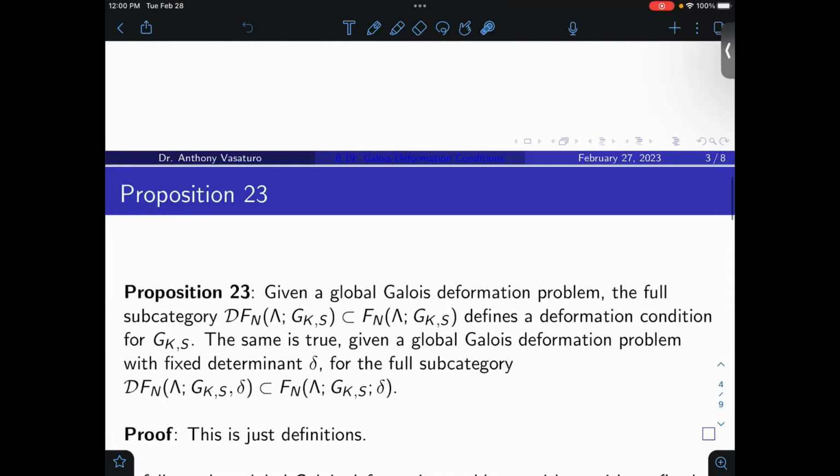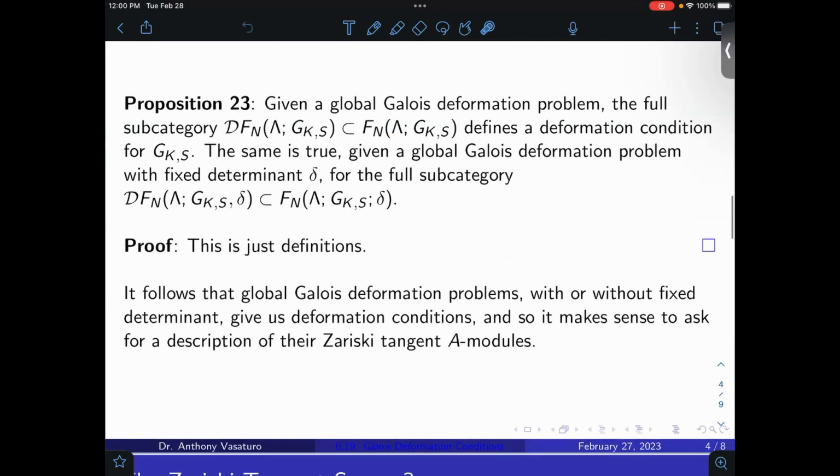Okay, so Proposition 23: if you give me a global Galois deformation problem, the full subcategory D_n^Λ(G_{K,S}) in F_n^Λ(G_{K,S}) defines a deformation condition for G_{K,S}. The same is true, given a global Galois deformation problem with fixed determinant delta, for the full subcategory D_n^Λ(G_{K,S}, δ) in F_n^Λ(G_{K,S}, δ).